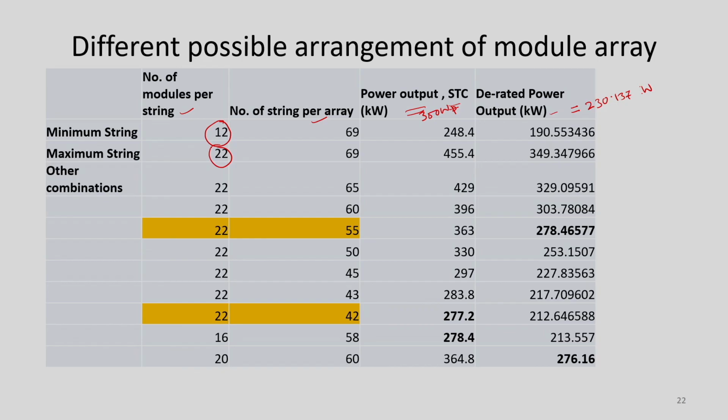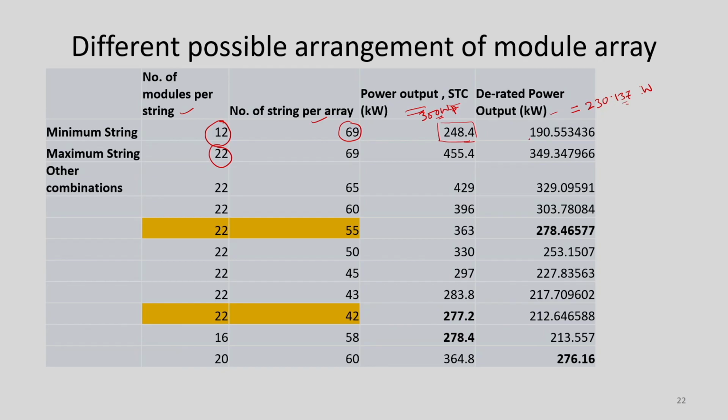So, for the case of 12 modules per string, and as we know the maximum number of strings per array is 69, if we multiply 12 with 69 and then 300 watt peak, then what we will get is 248.4 kilowatt.